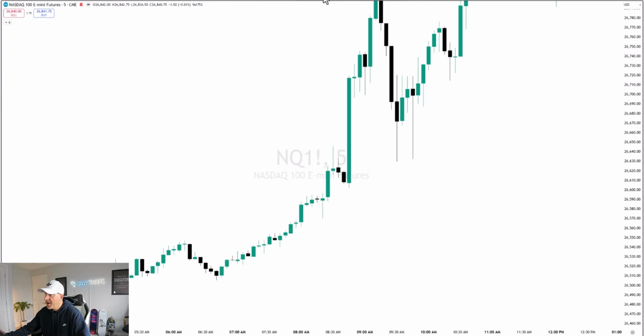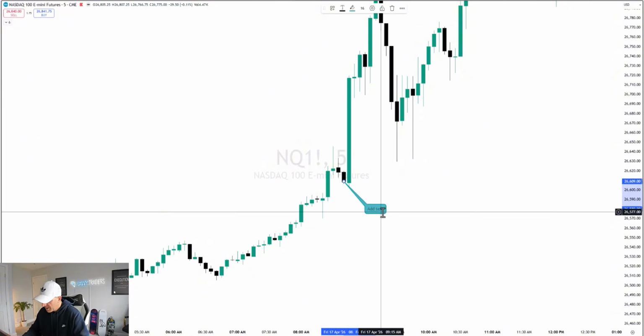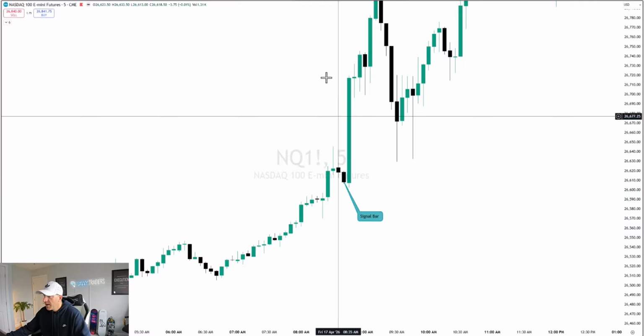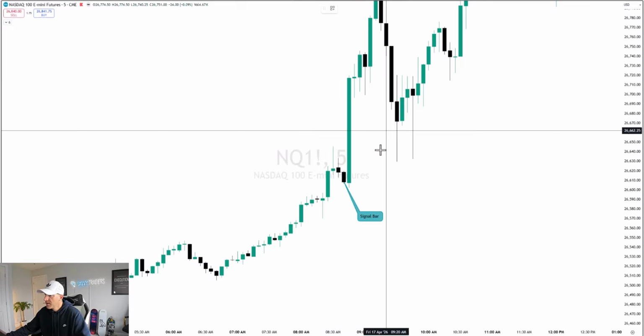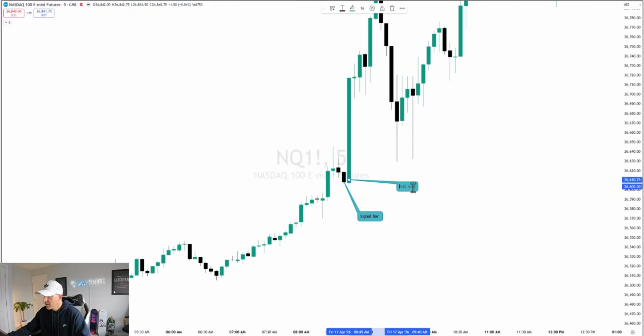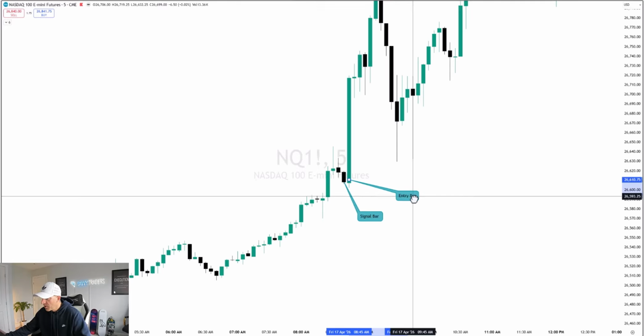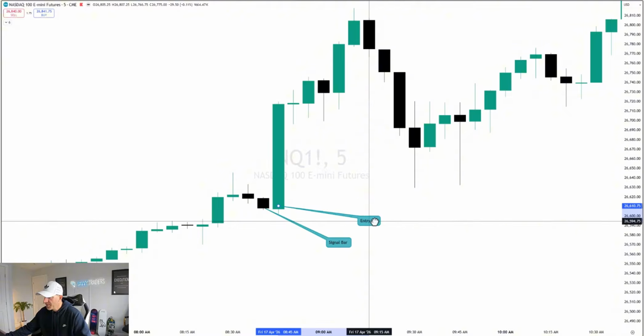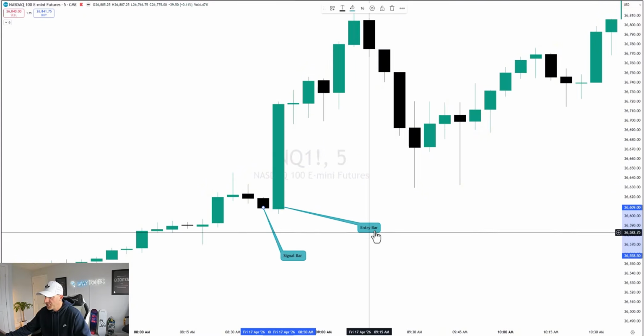So when you see that, this becomes our signal bar right here. A signal bar. And this becomes our entry bar. Okay, so let's just zoom that in a little bit. Make sure you guys can see it real good. So we got the signal bar and the entry bar.